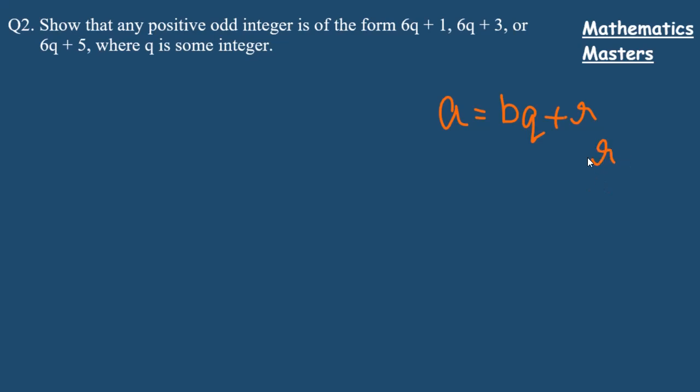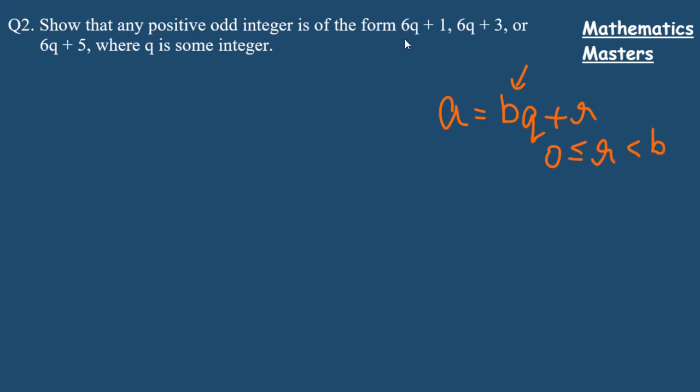Also the remainder has to be greater than or equal to 0, and it should be less than my divisor. So again, for any integer a divided by b, a is equal to bq plus r, where q is the quotient and r is my remainder, between 0 and my divisor.